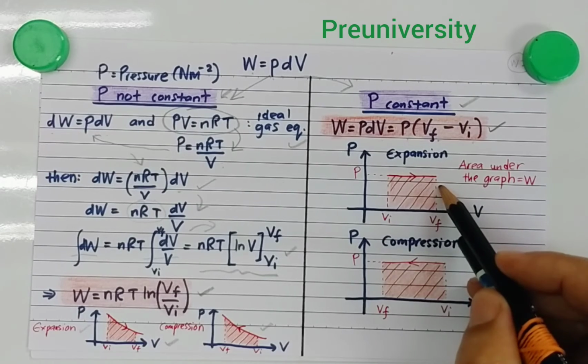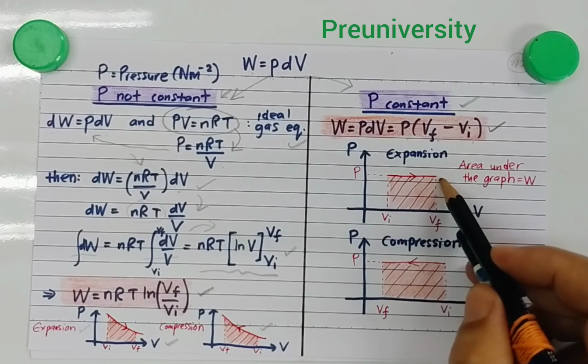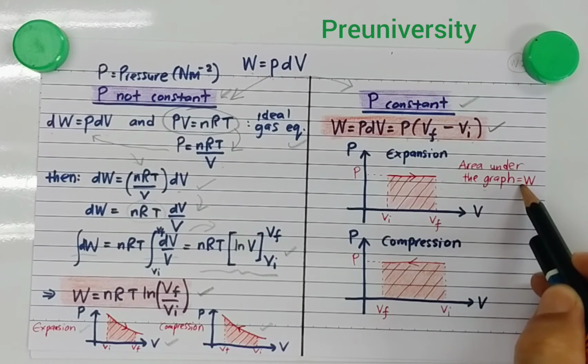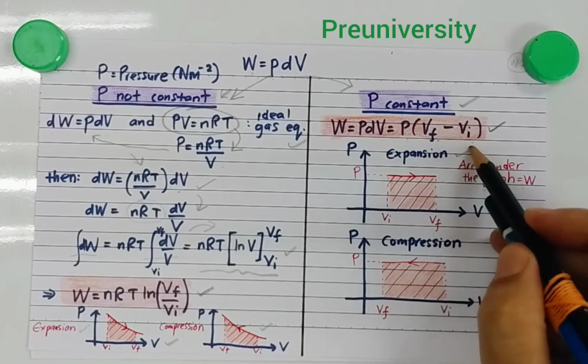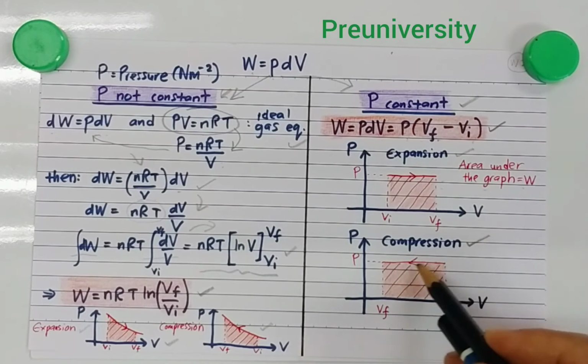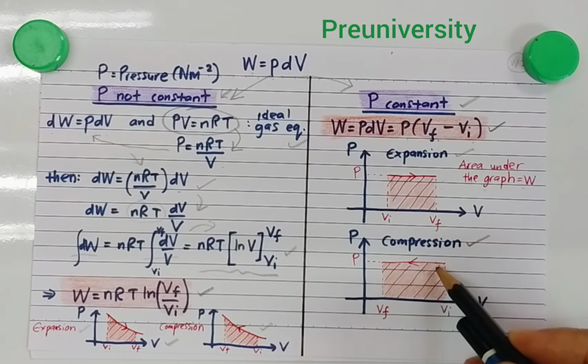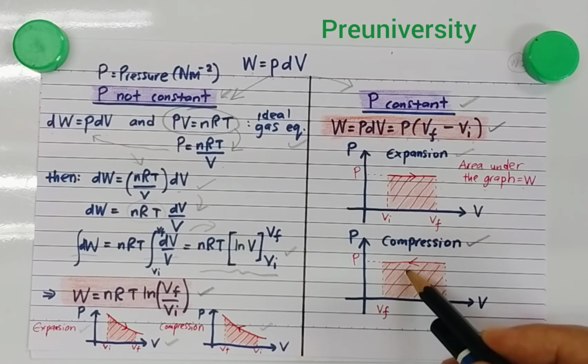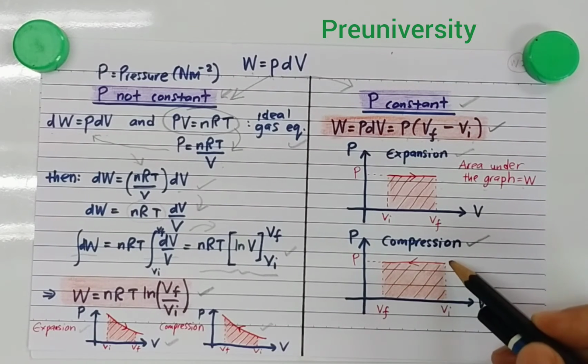Here is the graph for P is constant. The area under the graph refers to the W. This one is for the case of expansion, and this one is for the case of compression. Compression means decreasing in the volume of the gas.